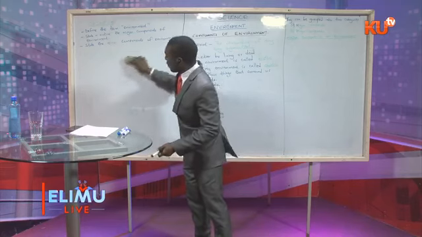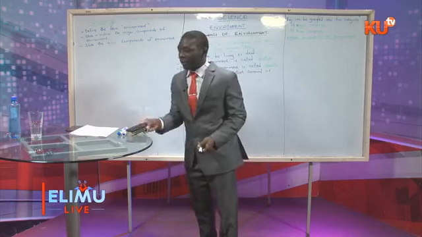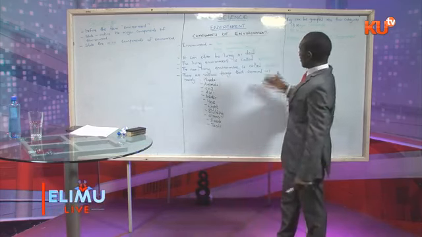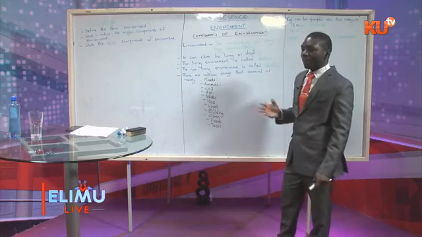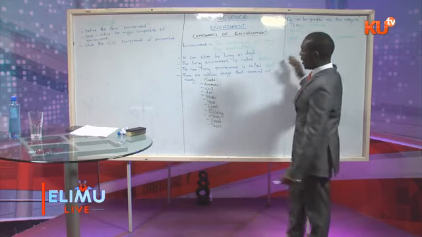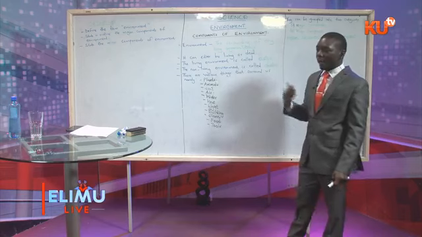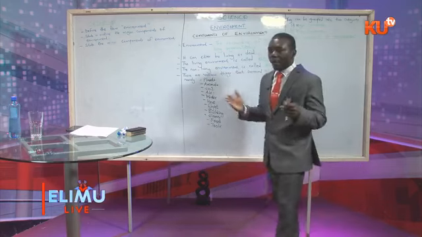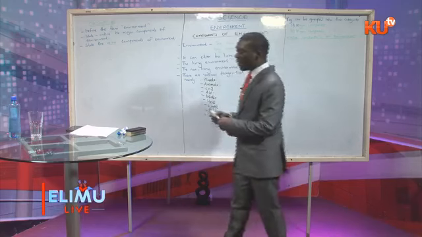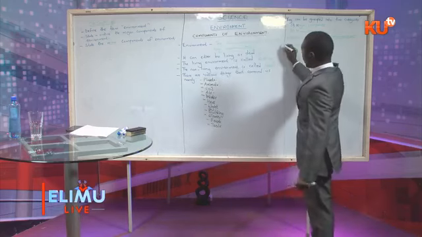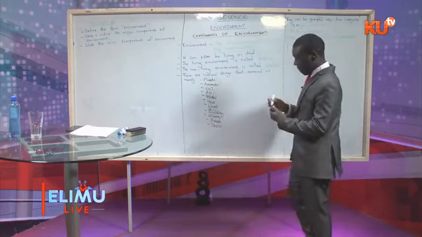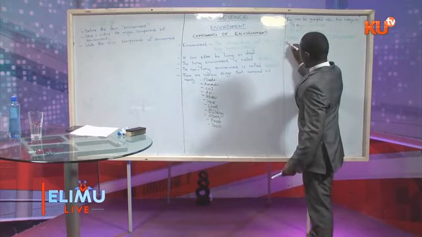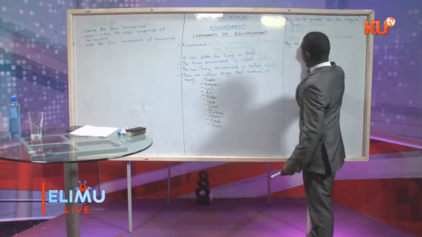The opposition level, because they have few members, we call the leader there the leader of the minority. So the word major comes from the word majority. The word minor comes from the word minority. Major means they are found in plenty or in abundance. So the major components of environment are mainly five.